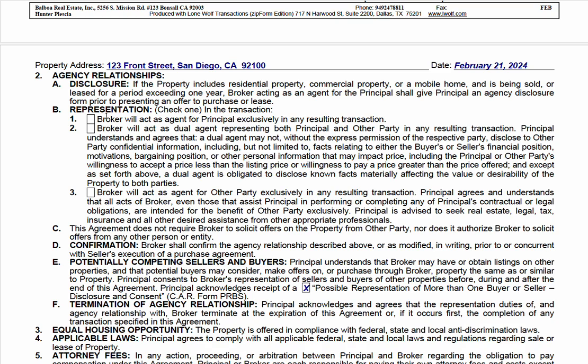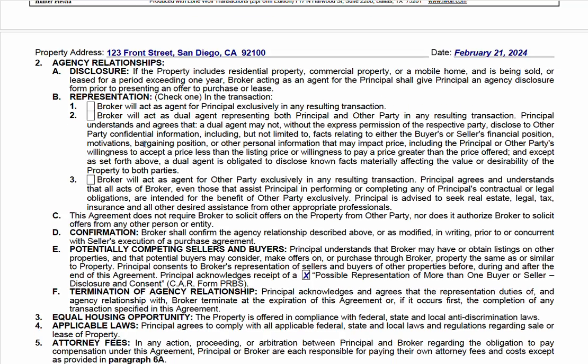And this is where it indicates who you're representing. Are you representing the principal, which is almost always going to be the seller? Could be the buyer, but not in this scenario. Dual agent, or the other party, which is Bobby Buyer from up above. So you have to indicate who you're representing.